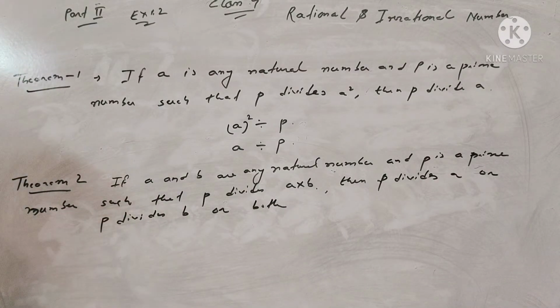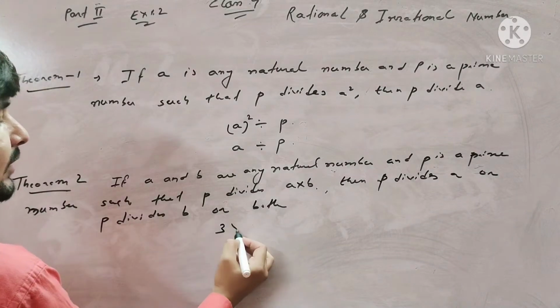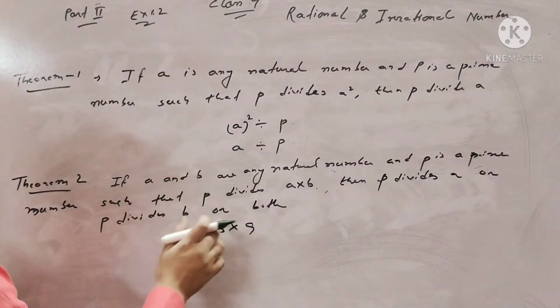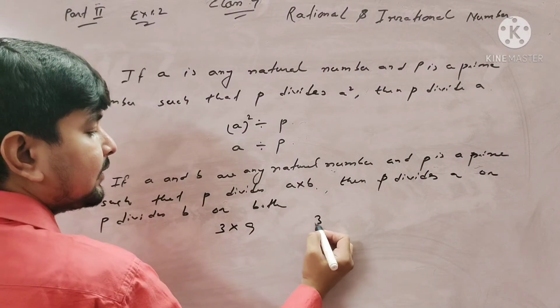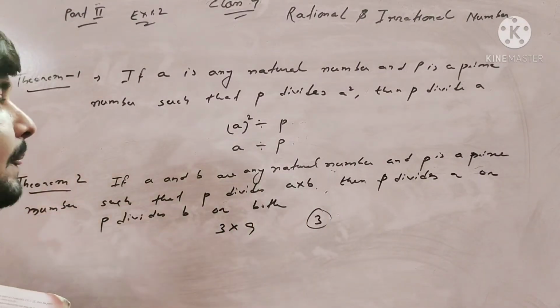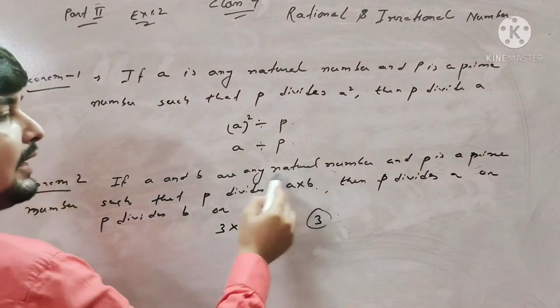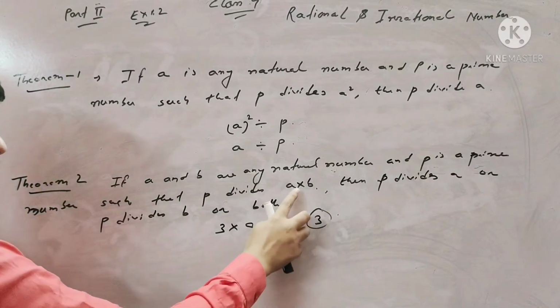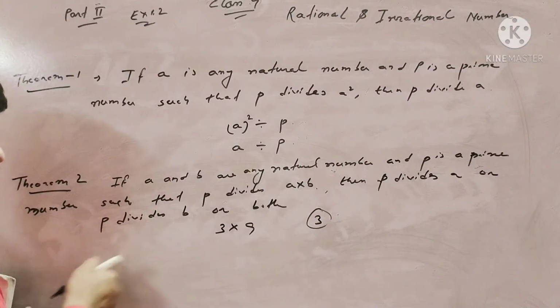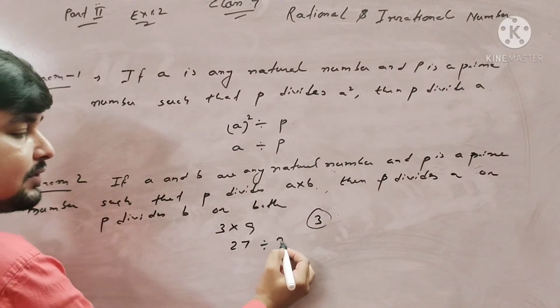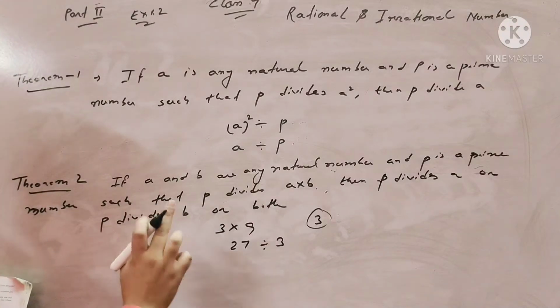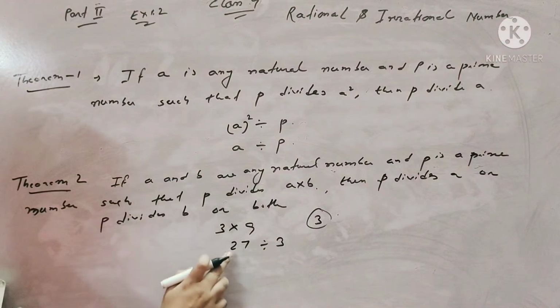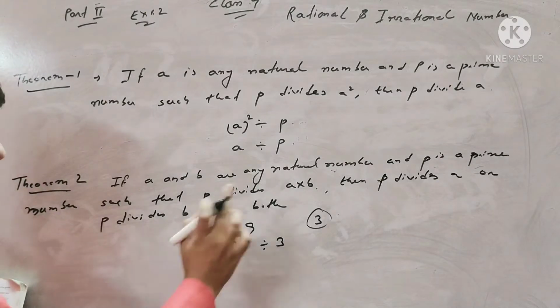Means what? Suppose a and b are any natural numbers, that is 3 and 9, and p is a prime number, again I take 3. If p divides a into b, the product of a and b, that is 27, that means 3 easily divides the product of a and b.